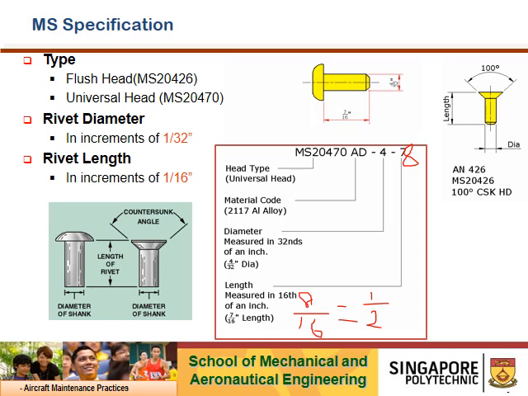The next one, 9, will be 9 over 16. So just take note of the difference. A question will definitely be asked on what is the rivet diameter and the length. I'll give you a few moments to read through the slides if you need to.